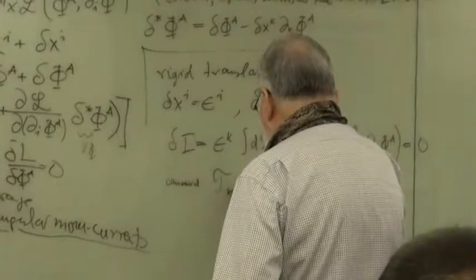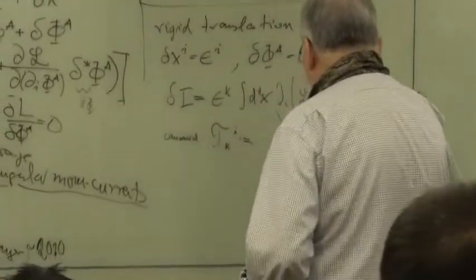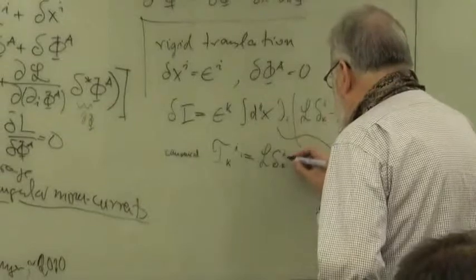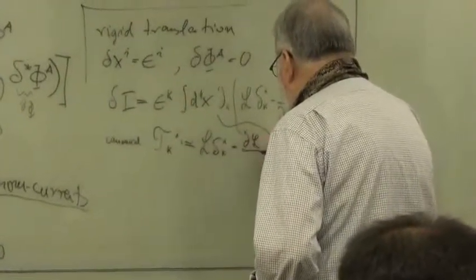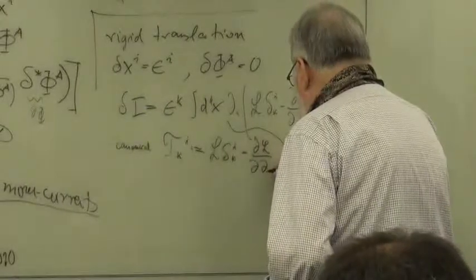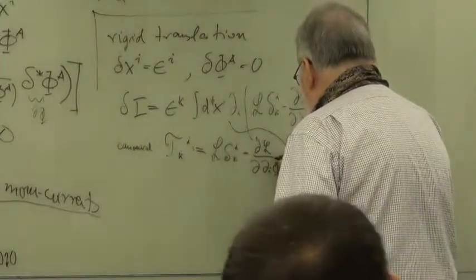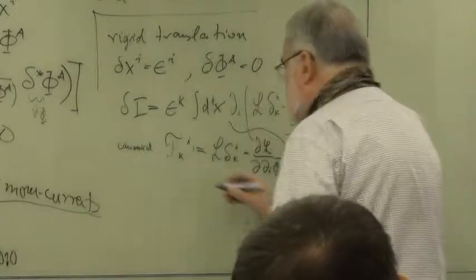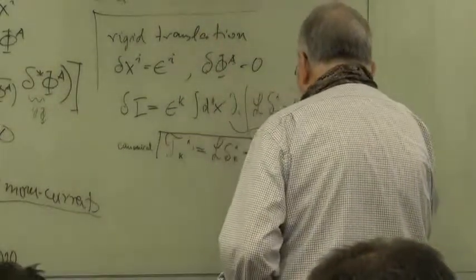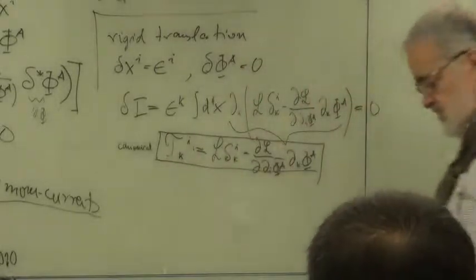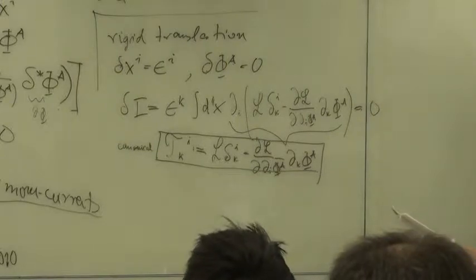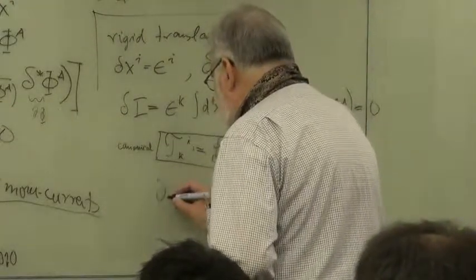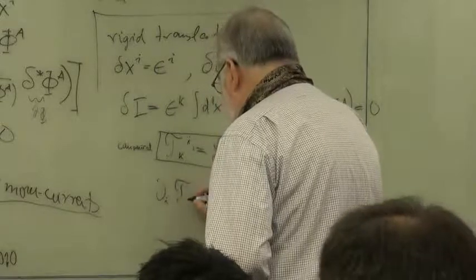T k i is by definition just what we have here in the parentheses: L times delta k i, the Kronecker symbol, minus partial dL over partial d_i phi a times partial k phi a. The student should know by heart this canonical energy momentum tensor, because a big part of physics is ruled by this tensor, and the Noether theorem is then just that the rigid translation leads to the conservation of this tensor.